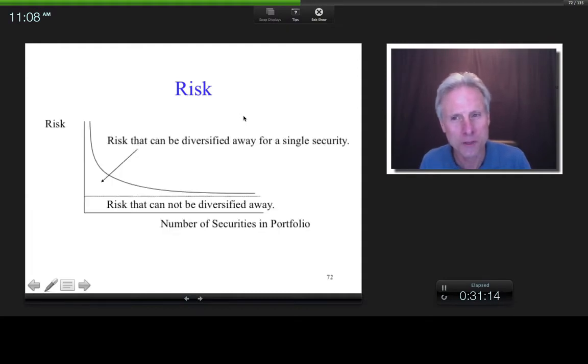Maybe another way of illustrating this is if all you hold is just maybe 2 securities right here, and then you add IBM, well, you're going to be adding all this risk. Now maybe you're holding 20 securities, and you add IBM, well, you add this much risk. You add the whole market, and IBM's still going to contribute some risk. Okay, that's the non-diversifiable risk.